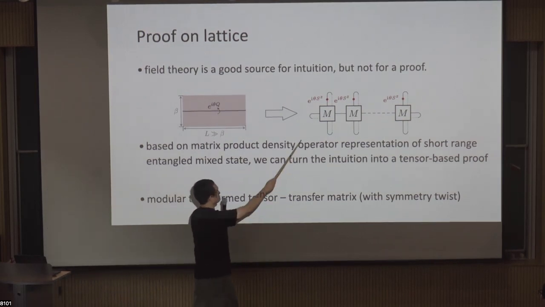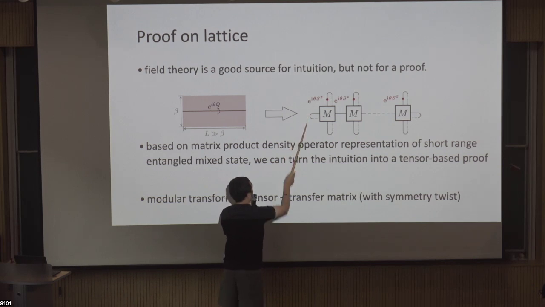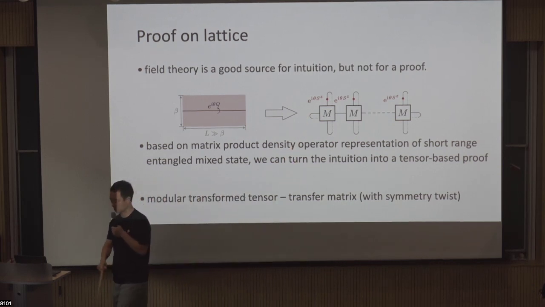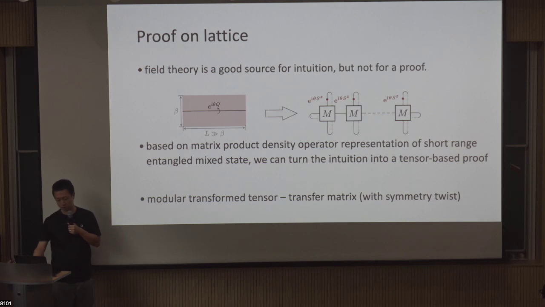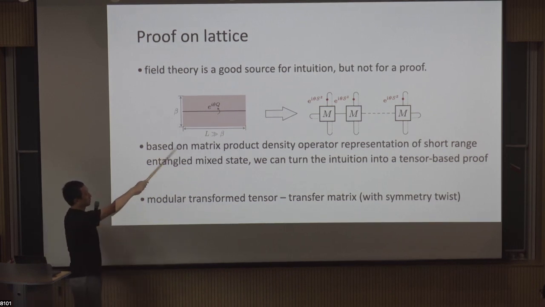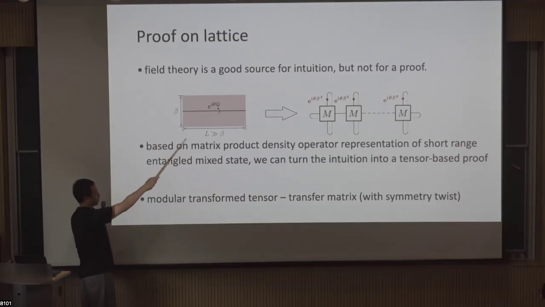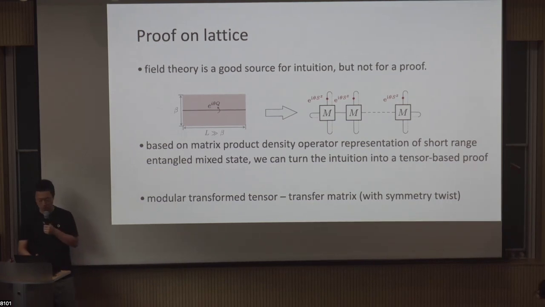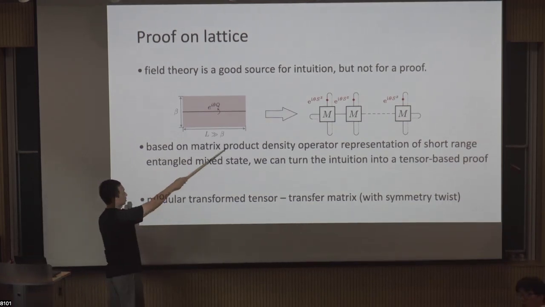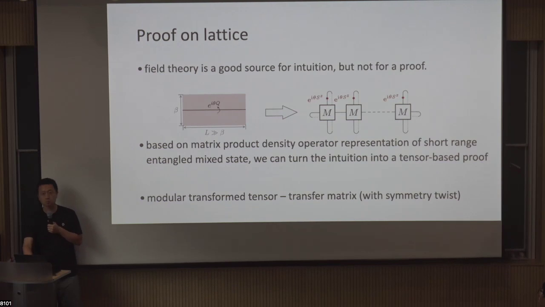So what we want to show is that when you increase theta from 0 to 2 pi, there is some kind of singularity for the transfer matrix. That's the basic picture of our work. I do have backup slides to explain more details, but let me just say we managed to translate all the intuitions into a tensor network proof.